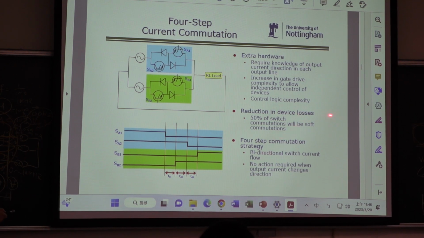We call this soft commutation. So the student proposed a 4-step commutation strategy. It can be applied for bidirectional switch current flow. No action is required when output current changes direction. So it is shown here. We call it the 4-step commutation method.